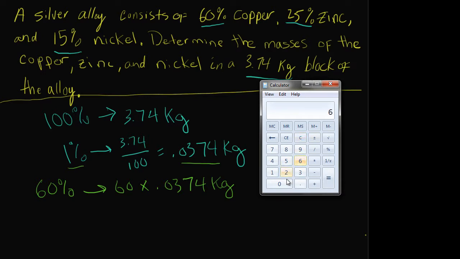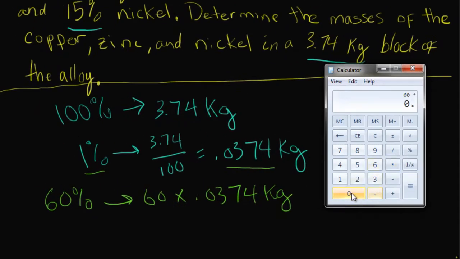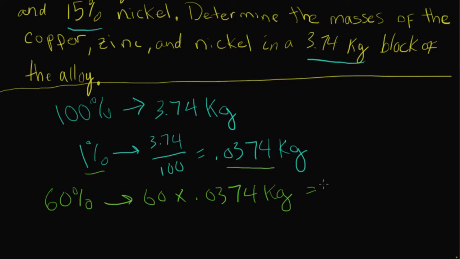So it's 60 times 0.0374. Oop, too many sevens. 60 times 0.0374. 2.244. So that'll be 2.244 kilograms. Alright. So that's how much mass the copper consists of in this silver block of alloy.